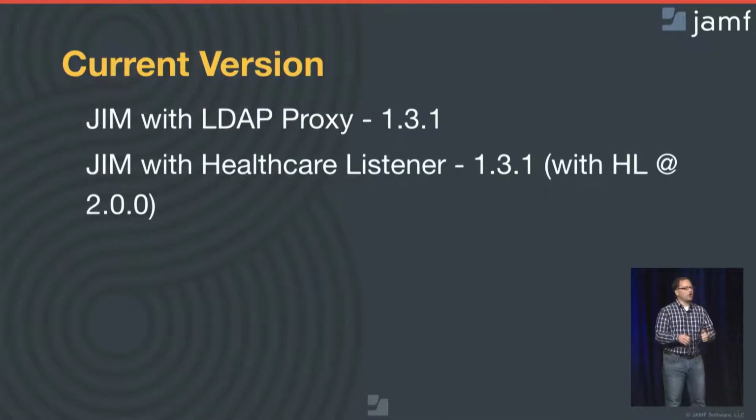Now, as far as current versions, these are up to date as the current version shipping: 9.101, and what relates to that is the Gem with the LDAP proxy, version 1.3.1. We have the healthcare listener on a different version mapping, which is specific to how we have two different product development cycles occurring right now.